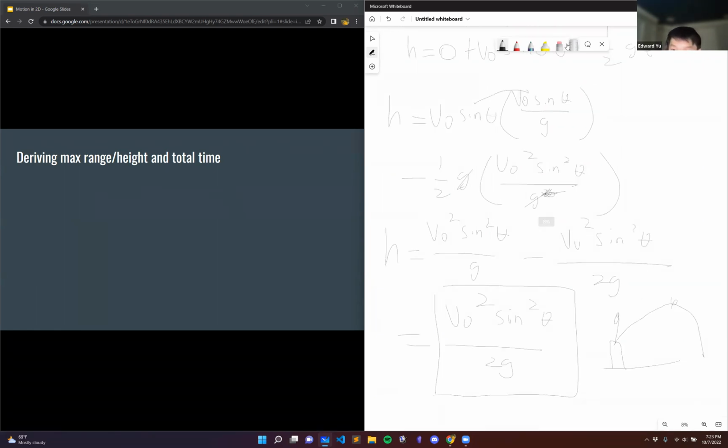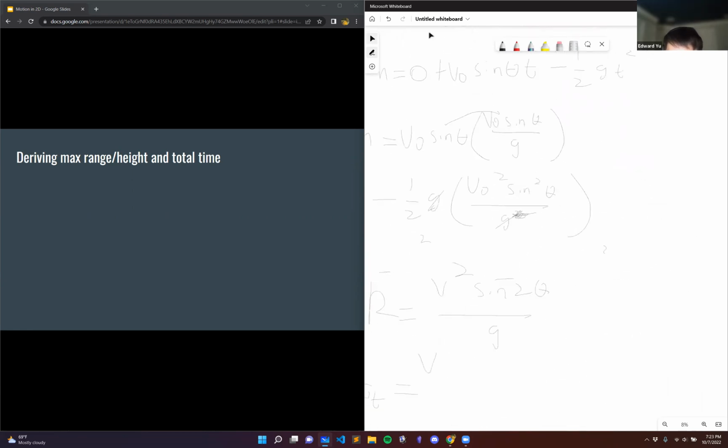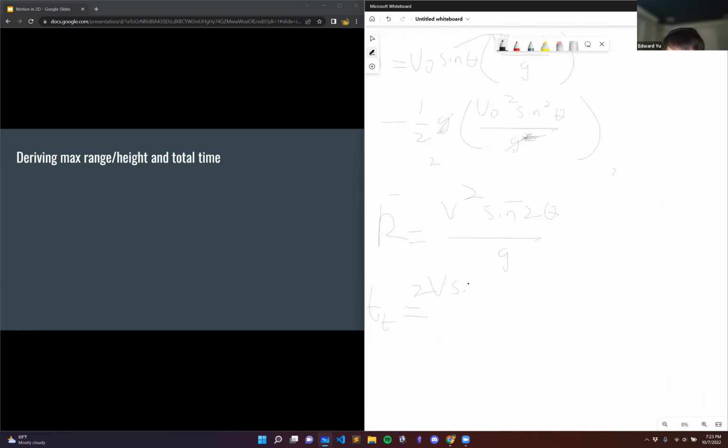So these equations, I'll write them out again. The max range is equal to v squared sine 2 theta over g. The total time is equal to 2v sine theta over g, and then the max height is equal to v squared sine squared theta over 2g.